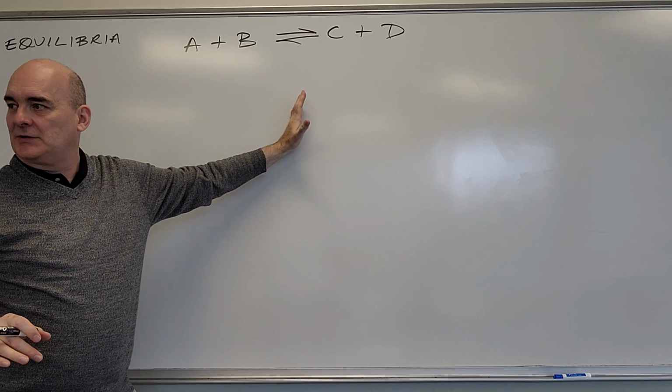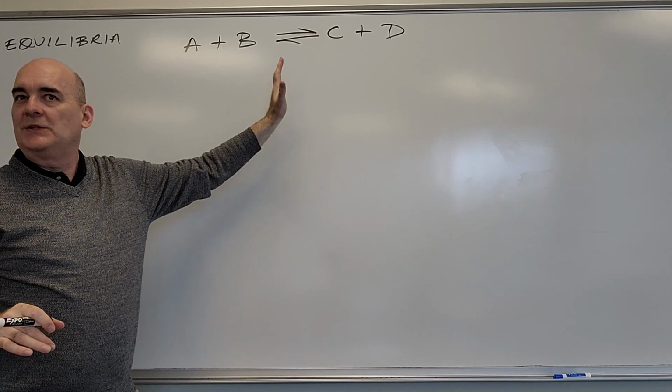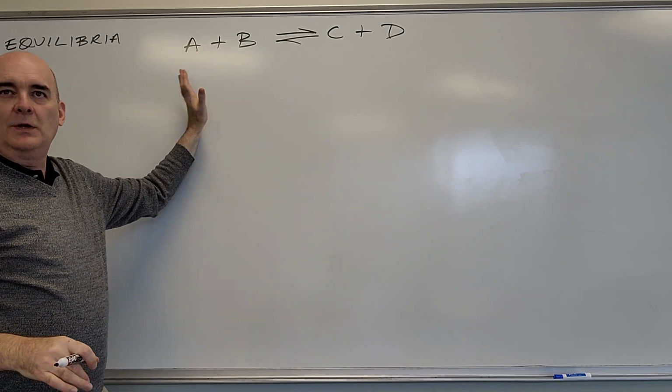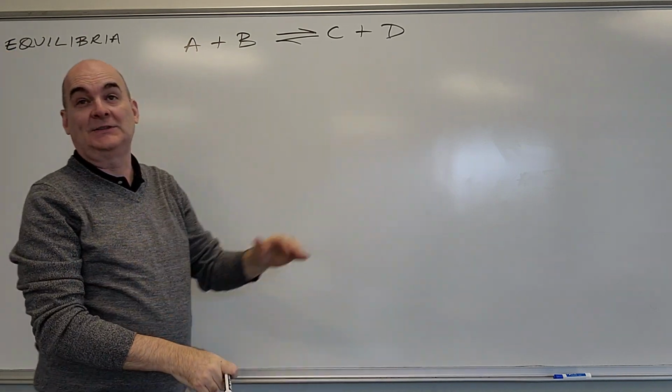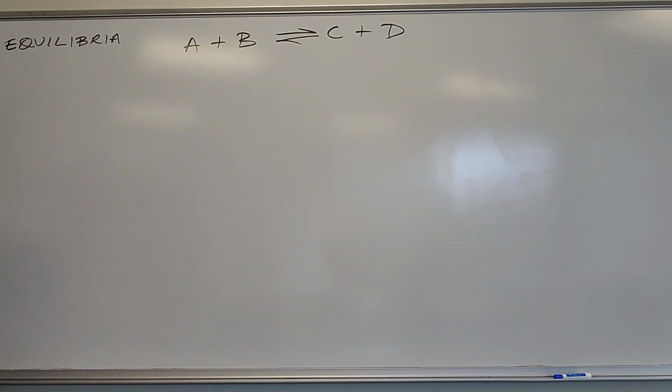It is set, but it's not total. All of A and B did not turn into exclusively C and D, but in solution all 4 of those exist. And if we did this in the gas phase, we won't be doing gas reactions, but if we did, then all 4 of those gases would exist.